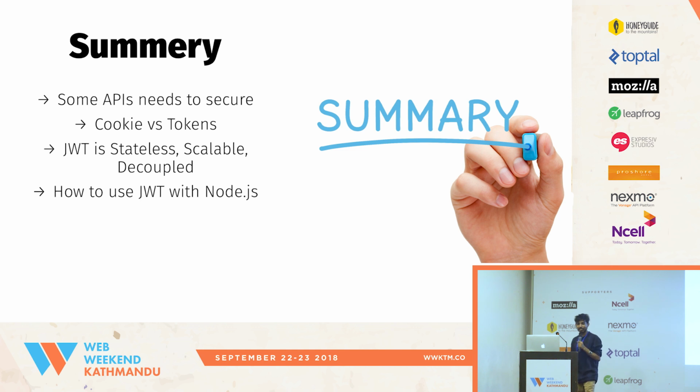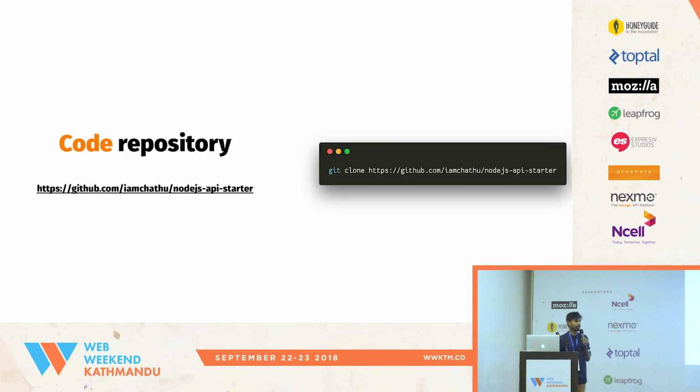JWT is stateless, scalable, and decoupled. You can use it in this kind of server. And I have shown you how to use it in Node.js. And this is the code repository. It's available. That's all the code.